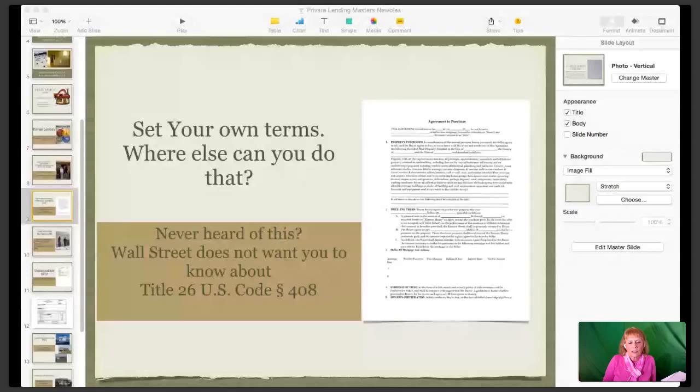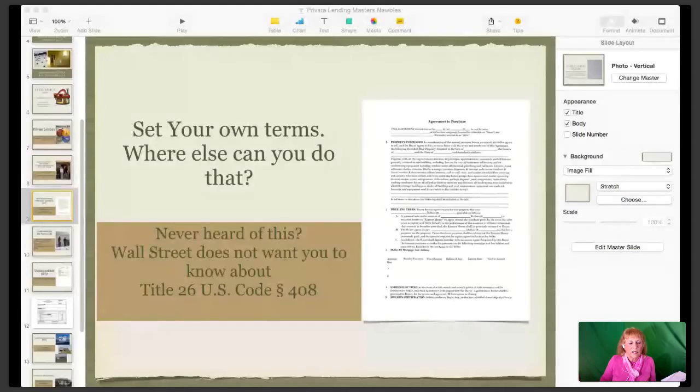So why have we not heard about private lending? We've definitely heard about it, but why have we not heard about it in terms of our retirement accounts? Because Wall Street doesn't really want you to know. The code that talks about this is Title 26, U.S. Code 408. It talks about how to use an IRA and what things you can invest in with an IRA. And it's really everything except collectibles, art, and things like that.